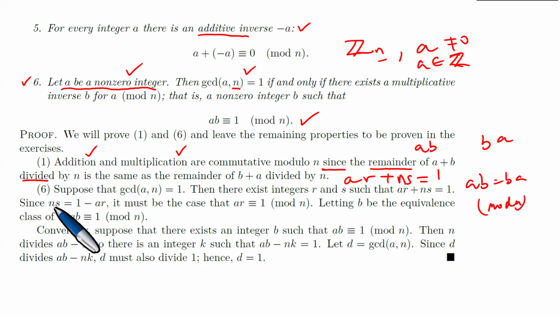We make ns the subject of the equation, moving ar to the other side, so that ns is equal to 1 minus ar. It must be the case that ar is congruent to 1 modulo n. This is very interesting. So we are saying there exist integers r and s so that ar plus ns is 1.